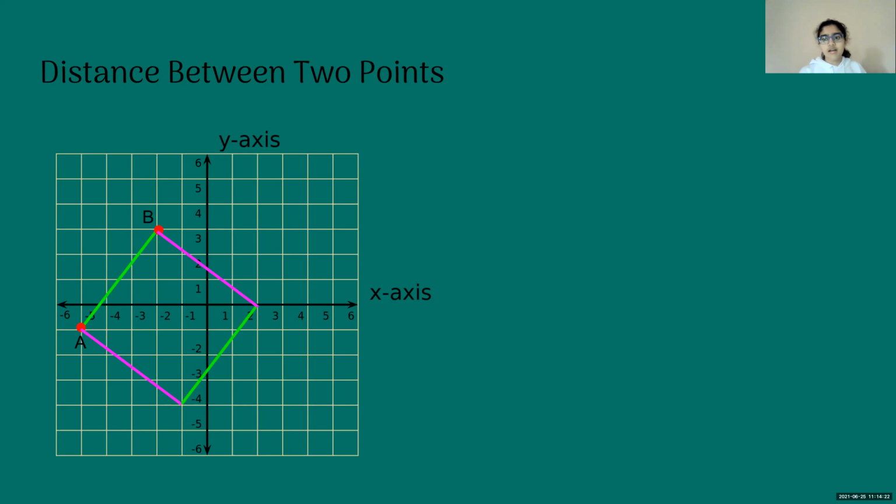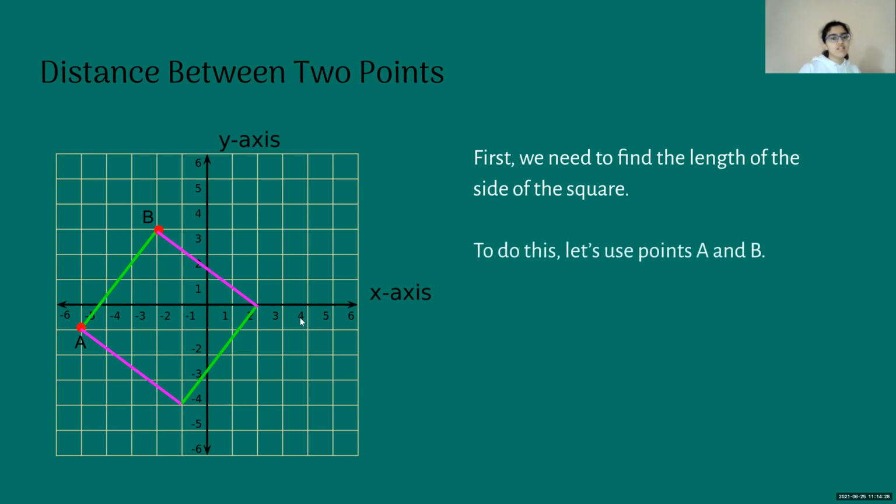So we need to find the length of the side of the square, and to do that, we need to find the coordinates, which would be -5, -1, and -2, 3. So that means that the vertical distance would be equal to 4, because when we find the distance between this and this, we find it to be 4.